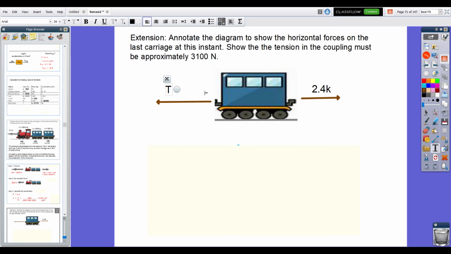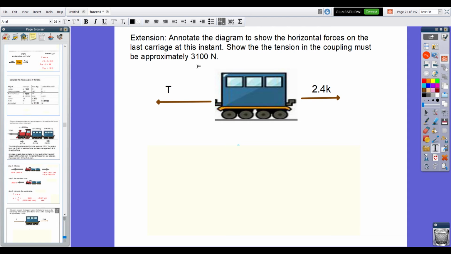It's being pulled forward by the tension because it's joined. Imagine if you were holding hands with someone from the middle carriage to the back, you'd literally be that join between those and be pulling it forward. The tension must be bigger than the drag force, or else it wouldn't be accelerating forward.